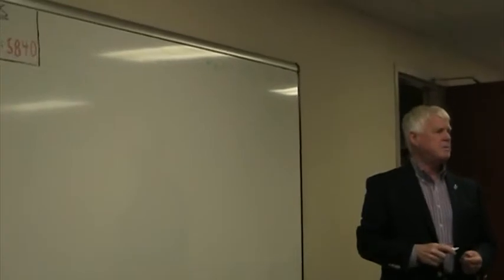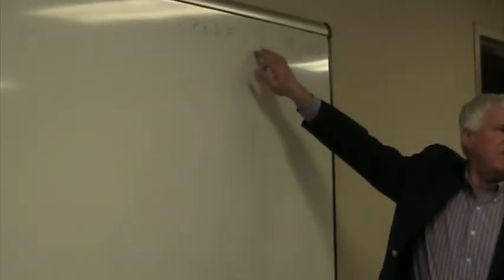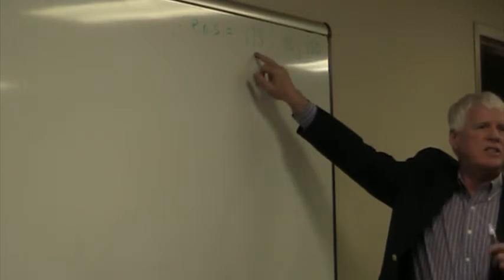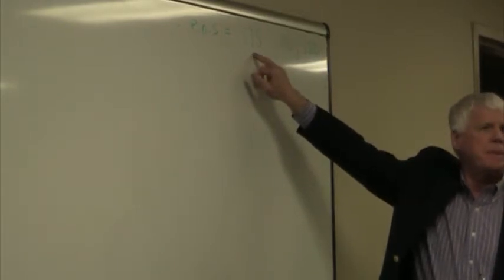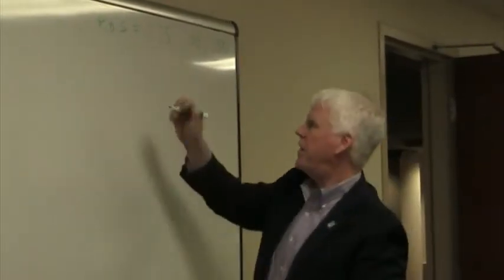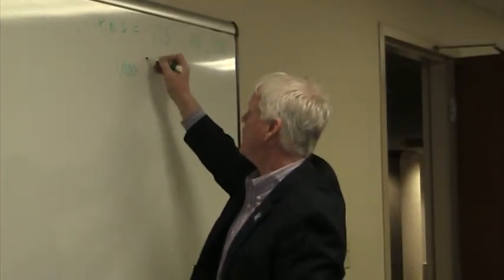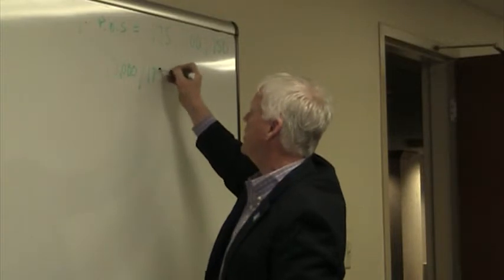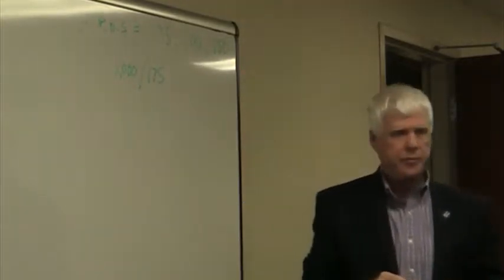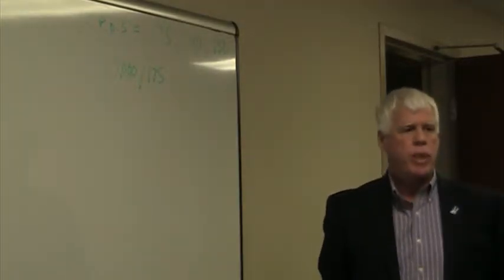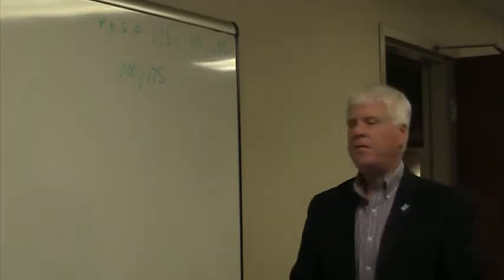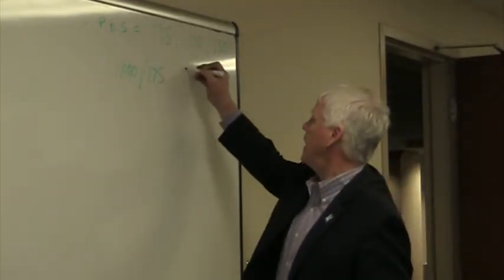Do you remember that? And if we used 175 as a number, how many points of sale do we need for this event? You'd have 10,000 people coming, right? Divided by 175. What is that number? 57. I need 57 points of sale.